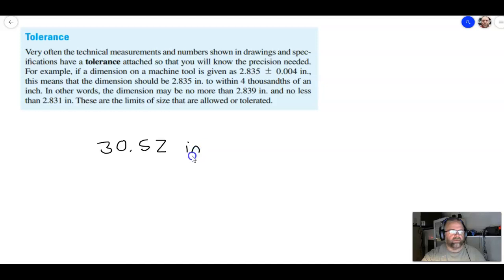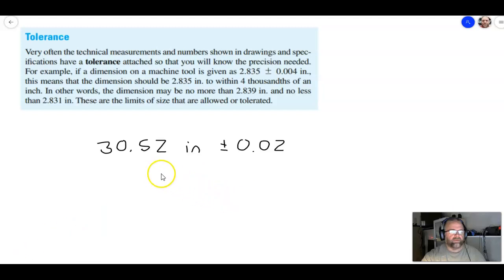This is what some length needs to be, and it has to be plus or minus 0.02. All right, so take a look at that. I want you to tell me what the precision of this is, and then what the lowest value and the highest value can be. So pause the video and try it now.